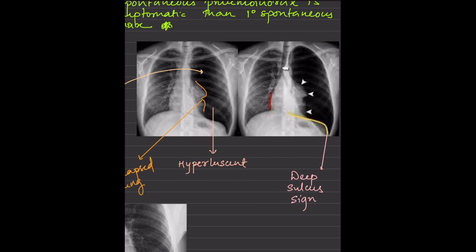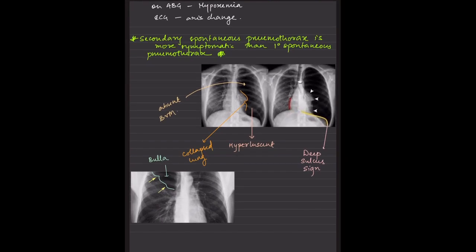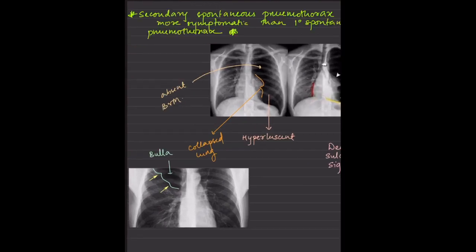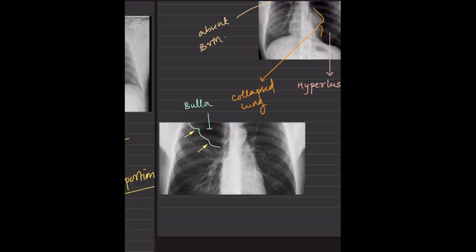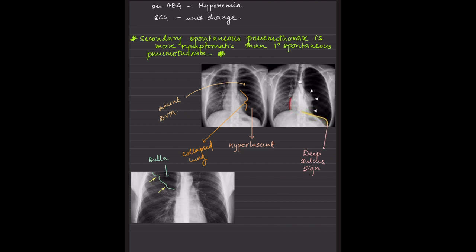This is the collapsed lung actually, okay, and this collapsed lung gives us a clue that there is no bronchovascular marking over here, and it is blackish, that is hyperlucency. Of course the deep sulcus sign is also seen, right, and this is a collapsed lung, and there is one bulla which is seen in this X-ray, okay. So this will give us the clue towards the diagnosis.